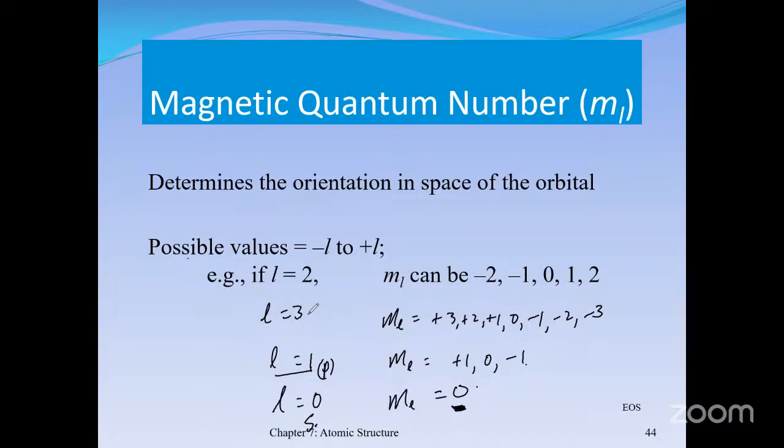For the d orbitals, for which L is equal to 2, you have 5 ML values, which means that d orbitals appear in sets of 5. And if L is equal to 3, then there are 7 ML values. That means that f orbitals appear in sets of 7, all right? So that's basically what the ML value tells you.